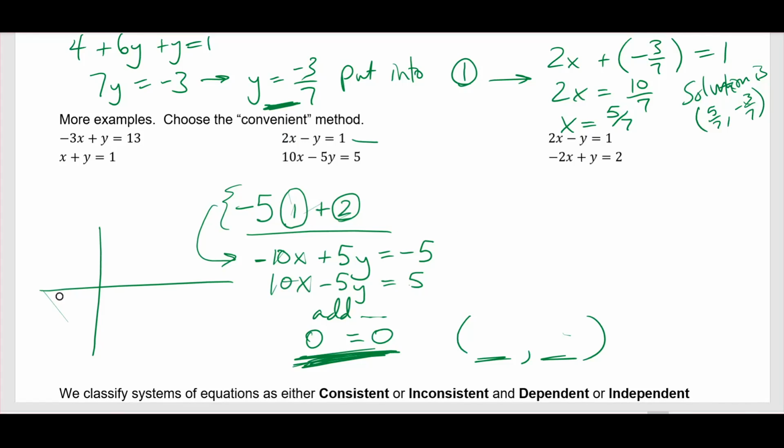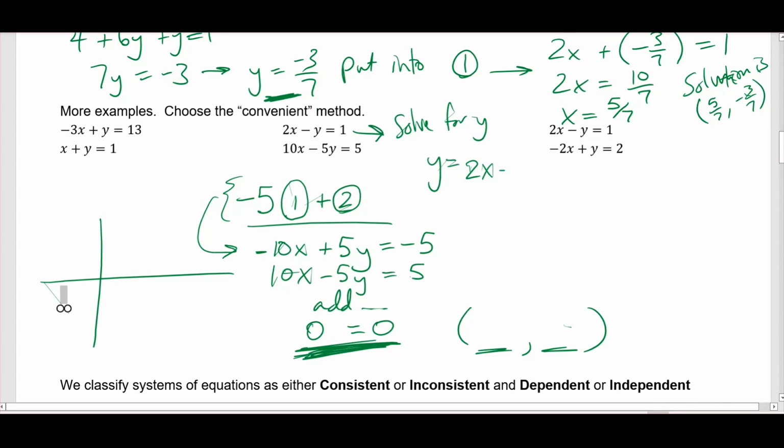Well, if I took and solved this for y, then we could write, if we add y to both sides and subtract that 1, we would have y equal 2x minus 1. So if I choose any number I want at all for x, no matter what I choose, that y value is going to be determined by that relationship, 2x minus 1.